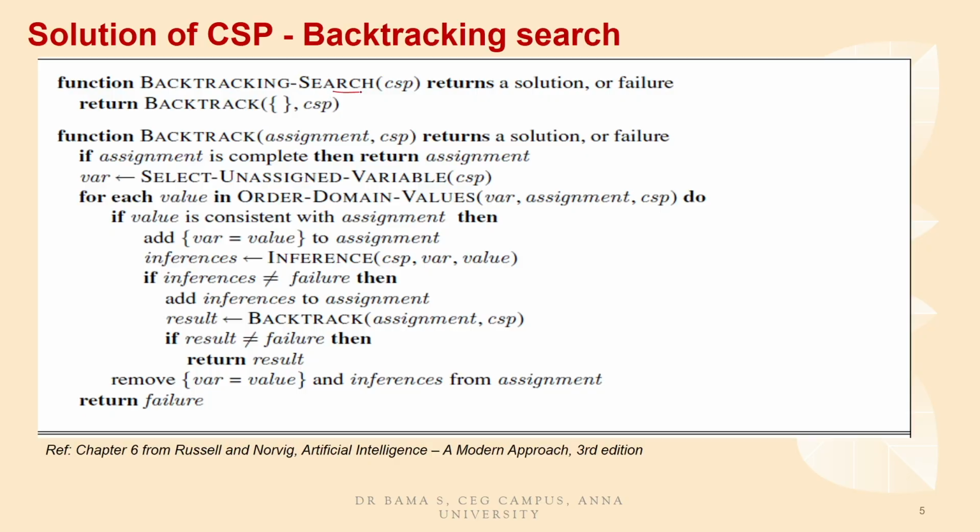Again, last time we saw this algorithm, where the function here is going to be backtrack search, and this is a recursive type algorithm, where if you see this backtrack assignment.csp, here this backtrack is being called again basically.